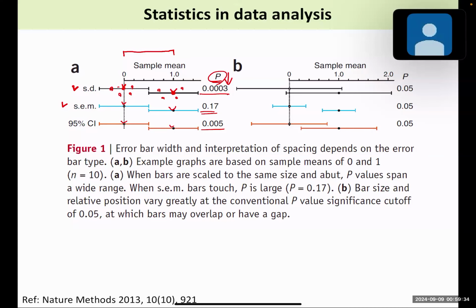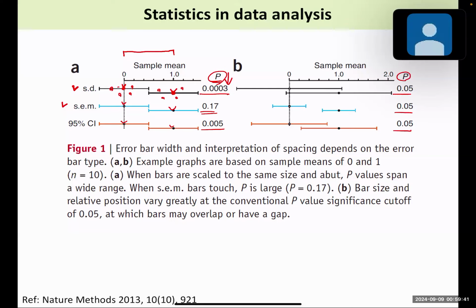And then let's take a look into the second example. So here we assume the same p-values, right? That means the means of the sample groups have the same number, but the error bar sizes are different, right? That means those two groups within these three experimental sets are separated with similar population variation because the p-values are the same, but the error bar sizes are different.